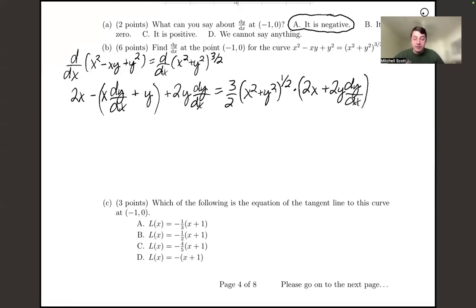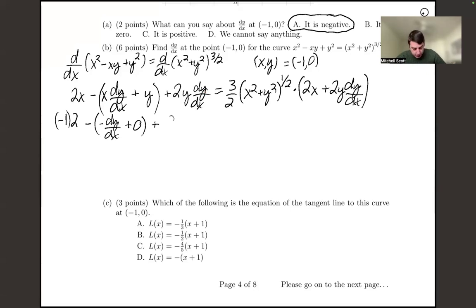Okay. So now that we've taken the derivative of both sides, we have this dy dx that appears, right? But I'm not curious about any point. I'm specifically looking at -1, 0. So this next step, I'm going to plug in x, y equals -1, 0, and evaluate it, right? So here, I'm seeing that this is going to be 2 times -1 minus x, which is -1, times dy dx, plus 0, plus 2y dy dx.